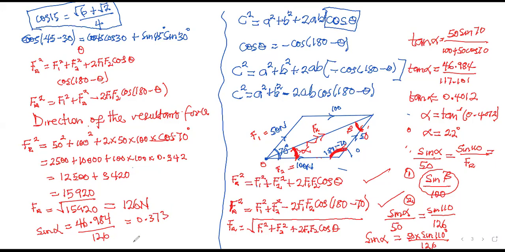Okay, then find the sine inverse. Alpha is equal to the sine inverse of 0.373, which is 21.900, approximately 22, as we earlier had, isn't it? Yes, sir.